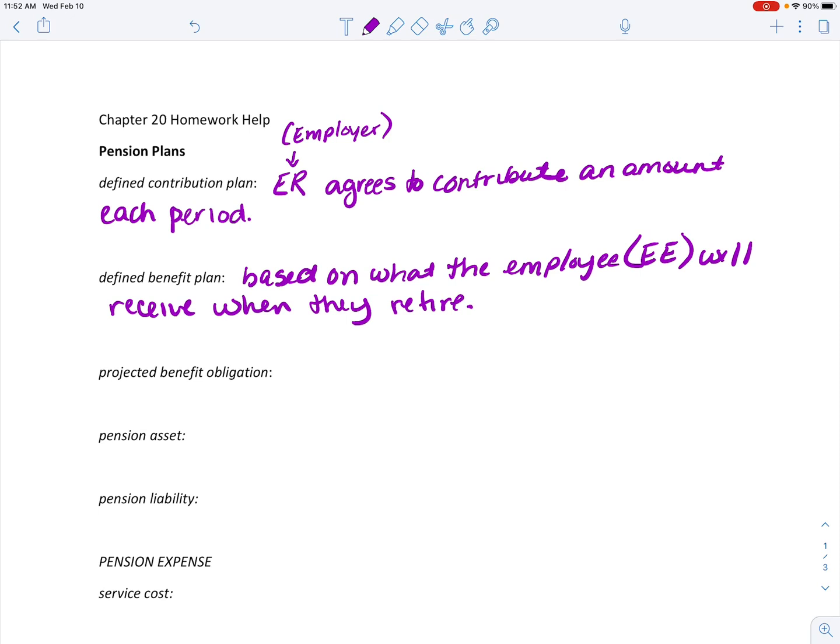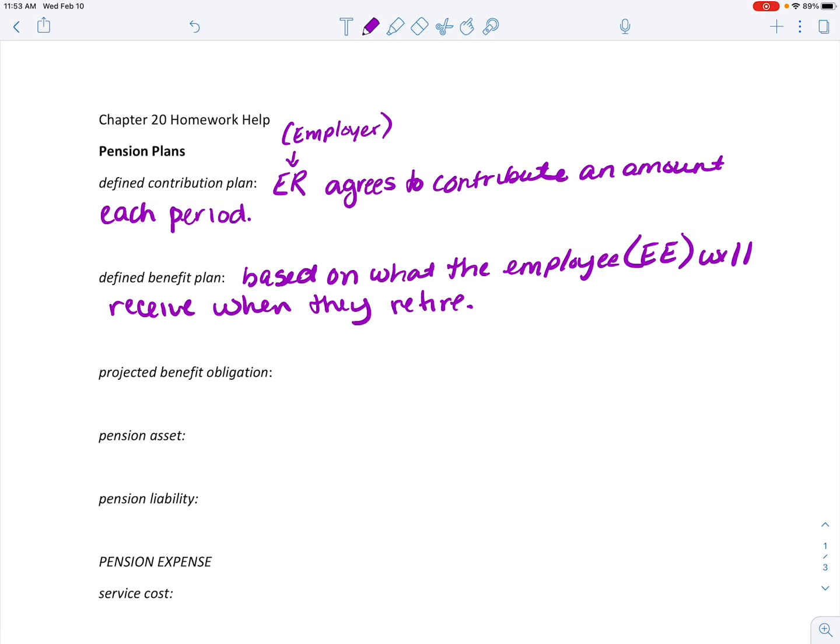Now this is much more complex. Benefits are defined in terms of uncertain future variables, such as when that employee is going to retire, how many years of service they're going to have at that point, what is their salary at that point. Plus, the employer is putting money into this plan, what kind of rates of return are they getting?